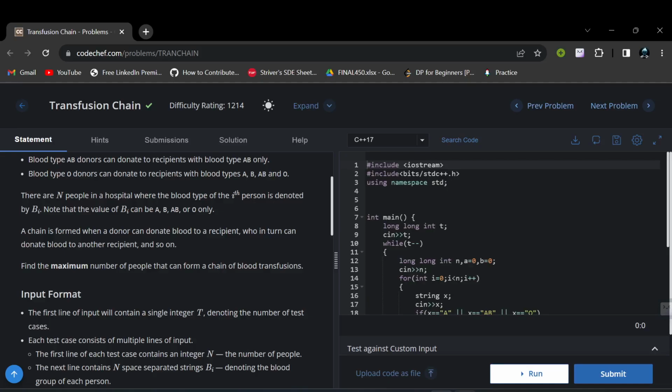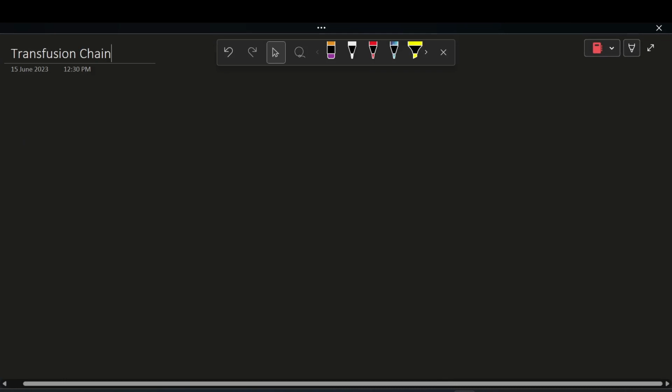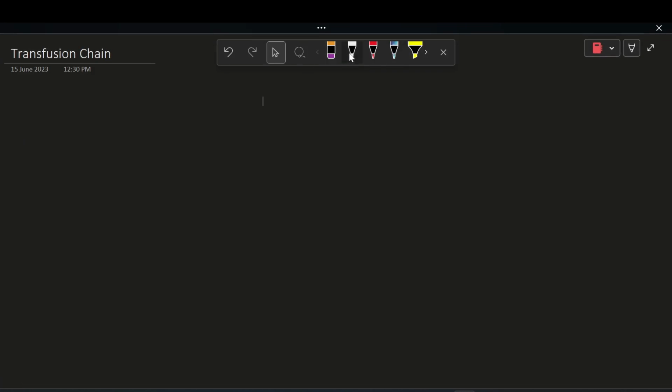The question states that if you have blood type A, you can donate to A and AB.